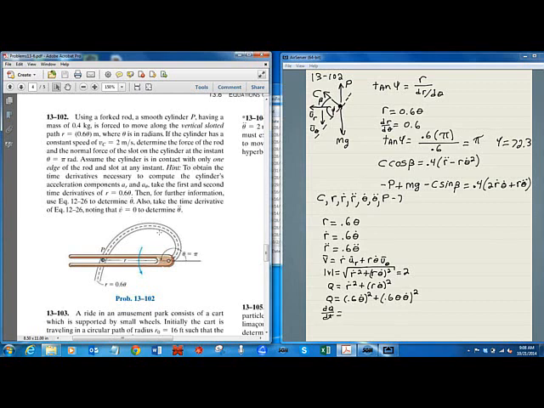So when you do, what you'll end up with is, let's see, I guess you could probably expand this, but anyway, we'll take the derivative. 2 times 0.6 theta dot times the derivative of what's inside, which is 0.6.